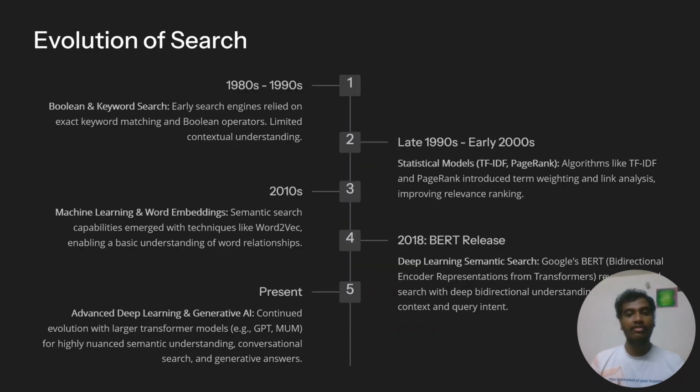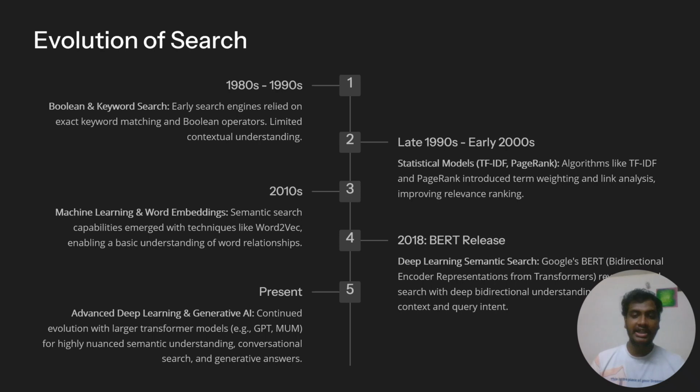This is the evolution of search. Let's quickly look at how search has evolved. Back in the 1980s, it was all about exact keywords, ANDs and ORs. Then came TF-IDF and PageRank in the 2000s, making search more relevant. In the 2010s, machine learning and word embeddings taught systems basic meaning.